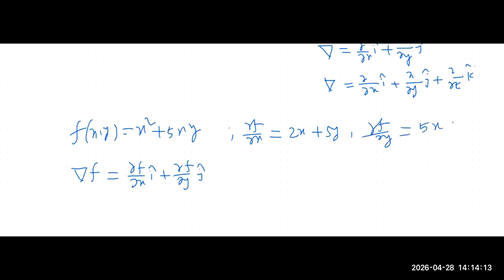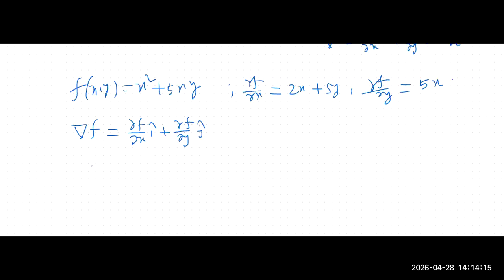So the gradient of this function f: first, the rate of change of f with respect to x, which is twice x plus 5y, times i, plus del f by del y, which in this case is 5x j cap. So this is basically del f at any point x comma y.